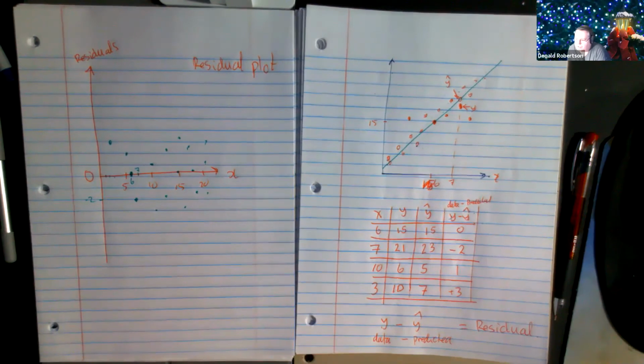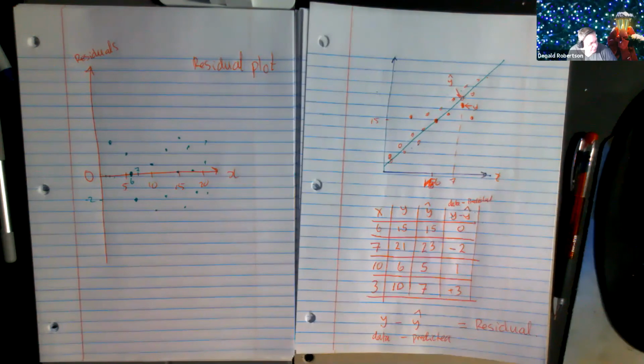Can you imagine what a residual plot looks like? You wouldn't expect it to have any particular pattern. There's no reason why it would be a straight line. At least it shouldn't be.